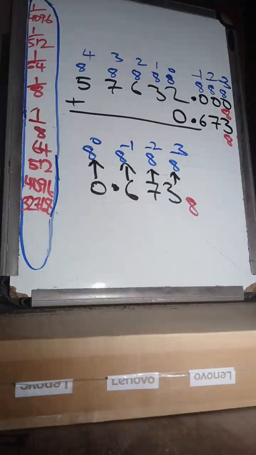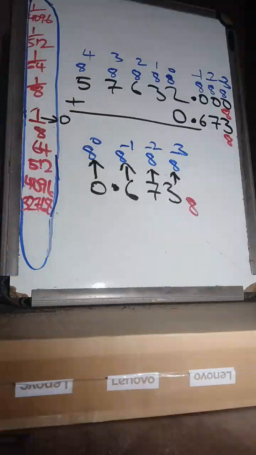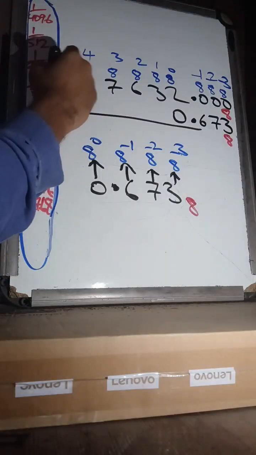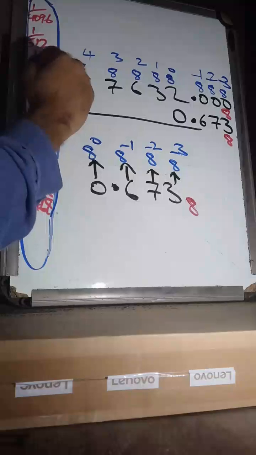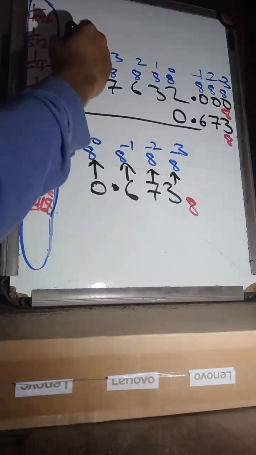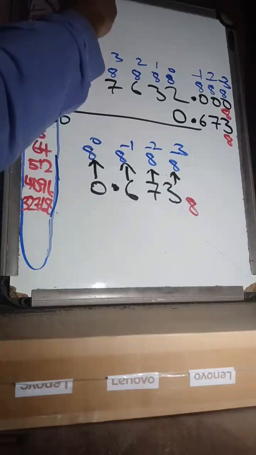So therefore this would be a 0. This would be our minus 1, minus 2, minus 3, minus 4.